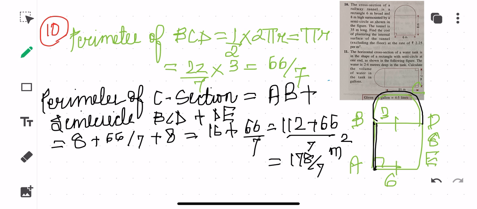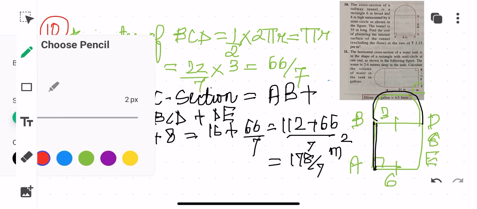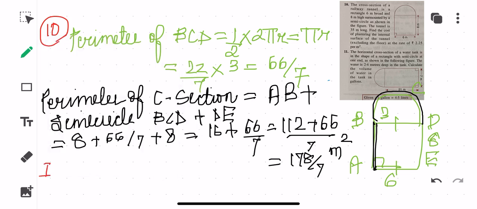Okay, so this you have calculated the perimeter. Now what is the formula, children? The formula says that internal surface area is equal to perimeter of cross section into length. So I'll be writing down that internal surface area, because that is what they have asked.